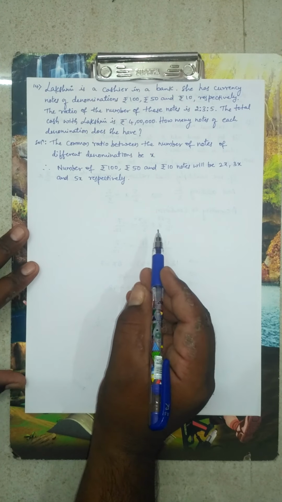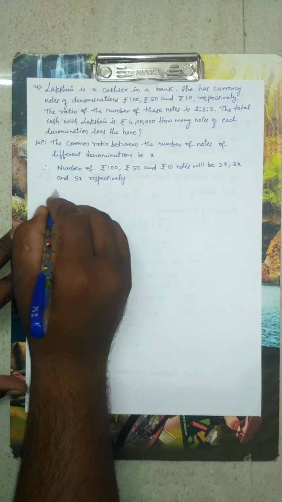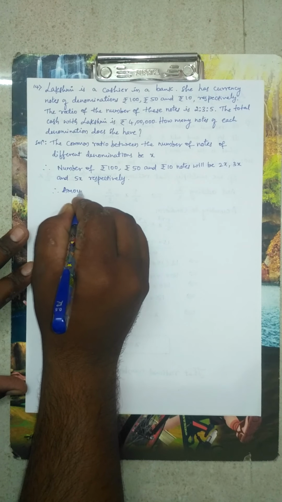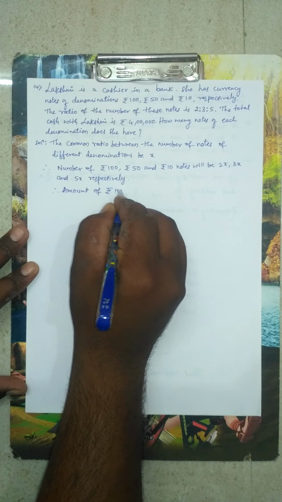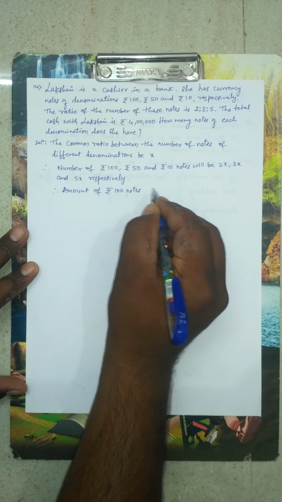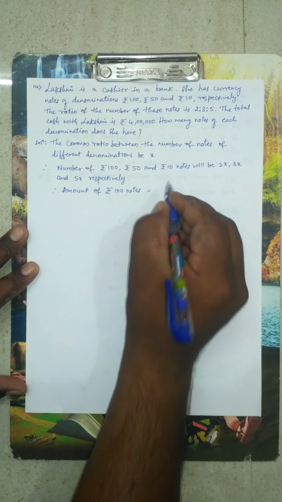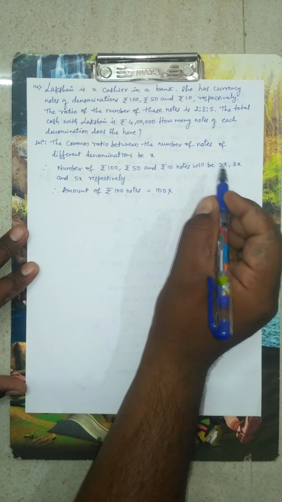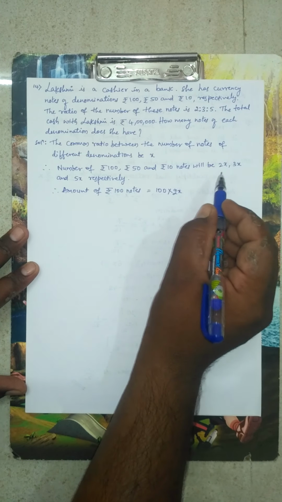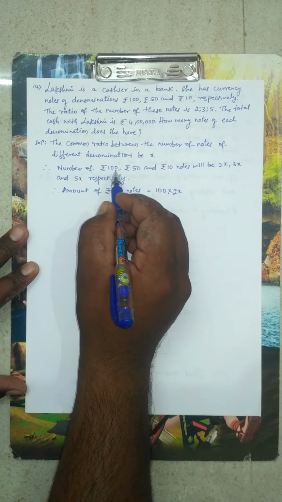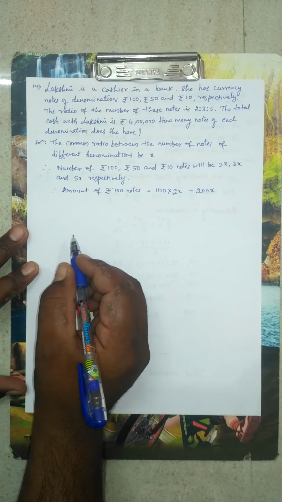So here how to identify the amount? Therefore, the amount of rupees 100 notes. What is the total amount of only 100 rupees notes? There are 2x notes of 100 rupees. Denomination is 100, so it will become 200x.